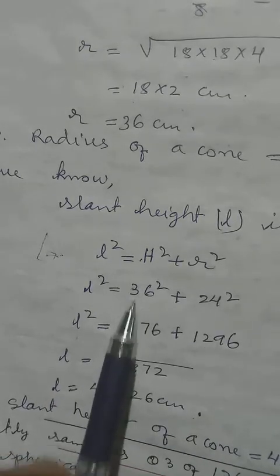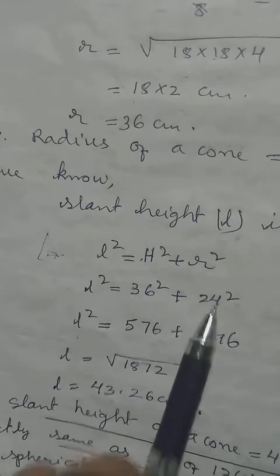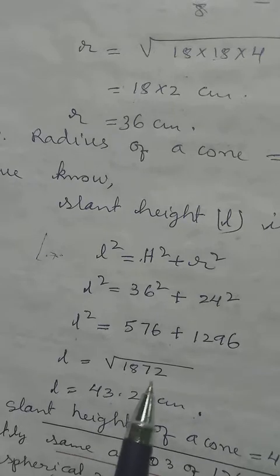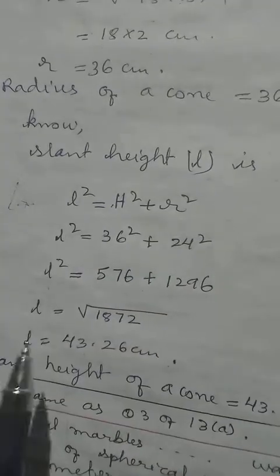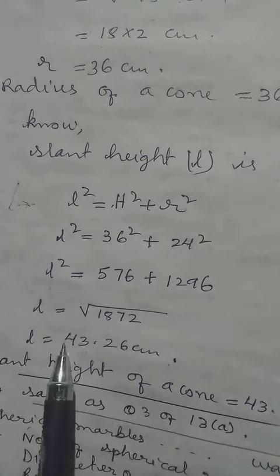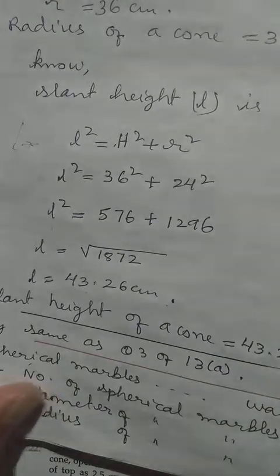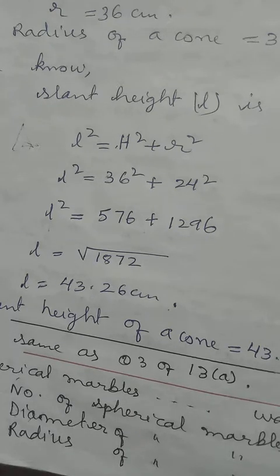Multiply 36 into 36, we get 1296. 24 into 24 is 576. If we add them, we get 1872. Using the long division method you can find the value, which is not exact, but approximately you will get 43.26 cm. So now we have the slant height and the radius, that's it.